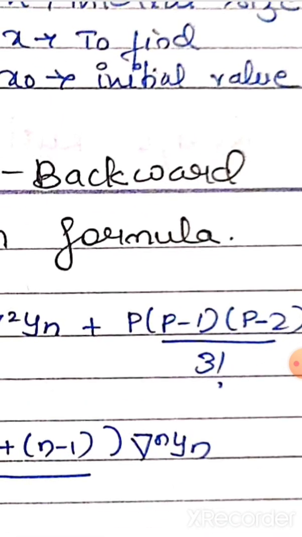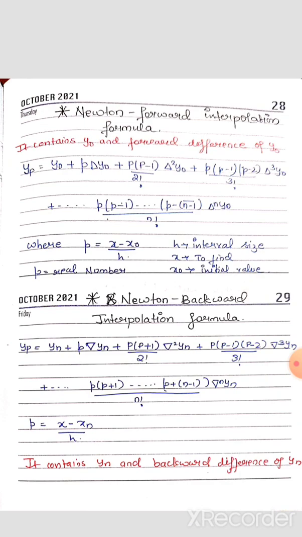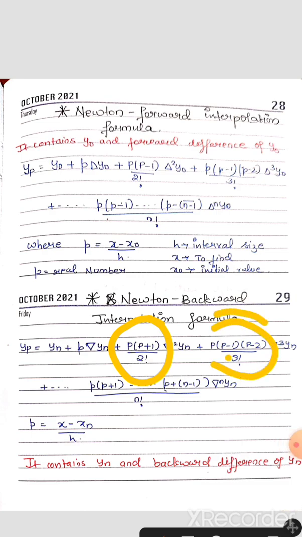This is Newton's forward interpolation formula, and similarly for Newton's backward interpolation formula, it contains yn and the backward differences of yn. When you construct the table for that, you can understand better. But now remember the formula. The formula for Newton's backward interpolation is yn plus p delta yn plus p into p plus 1... Sorry, I have written p minus 1 here, it is not minus 1.